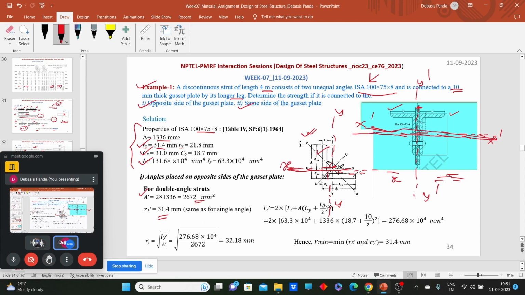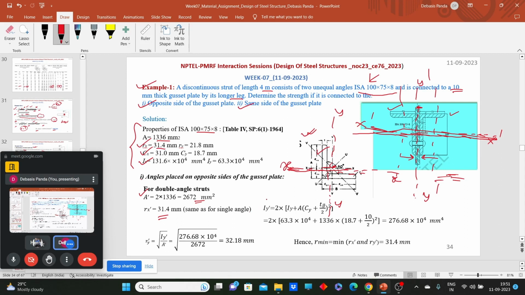But the YY axis will change, because for the individual members you have the YY axis here and here. You need to shift the YY axis from here to here. How can we shift that axis? We have the parallel axis theorem.